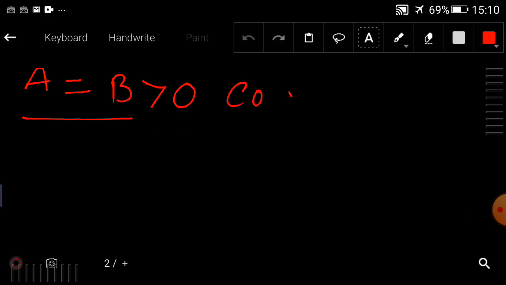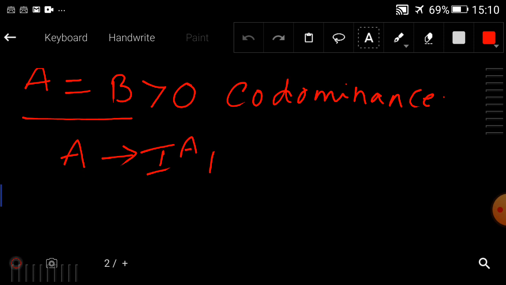The genotypic characteristics of a blood group A person, if you see, is having IA IA or IA IO. In both cases, the person can phenotypically express A blood group.